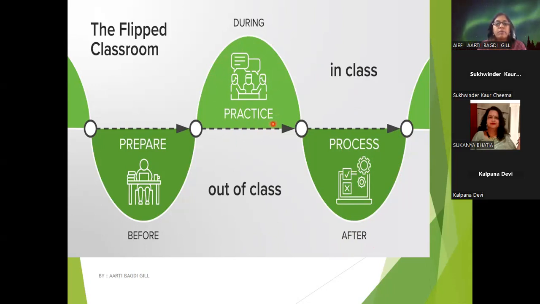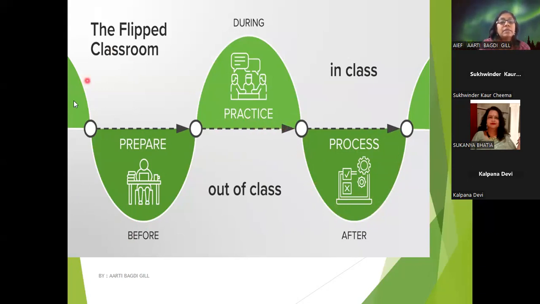In a nutshell, that is what I can say from this picture. What I am preparing maybe at home, because it is before. What am I processing? That is after practice. This practice is done in the classroom. After that, I'm going to do the processing.